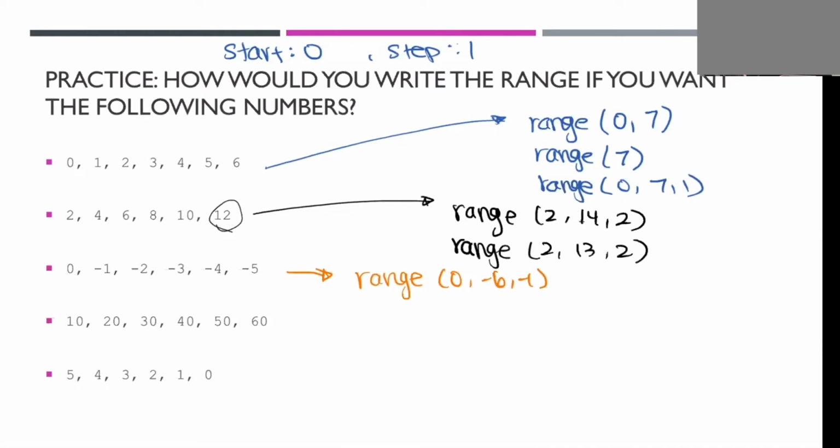Because we are decrementing, we want to write -6 in there instead of -5 or -4, because we're going downwards. We're decreasing our range, and you can see that we're decreasing by using -1. So this would be the correct answer for what we need. I don't think there's another way to write this, but you guys have already surprised me once. So if you do think of something else, feel free to let me know.